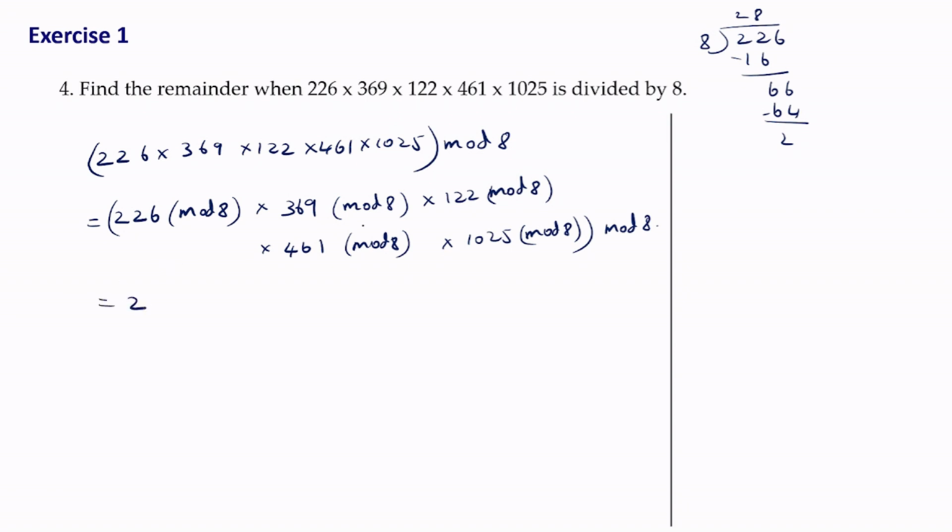So this is 2. Next, when we divide 369 by 8, we get the remainder as 1. Next, when we divide 122 by 8, we get the remainder as 2.